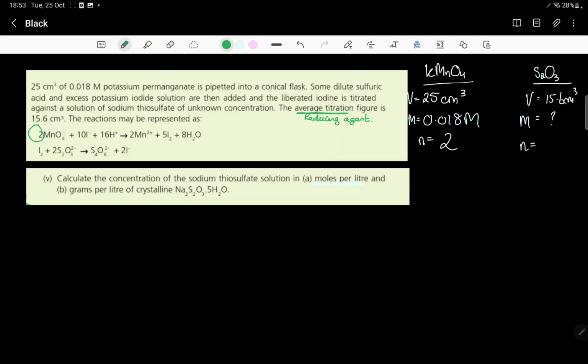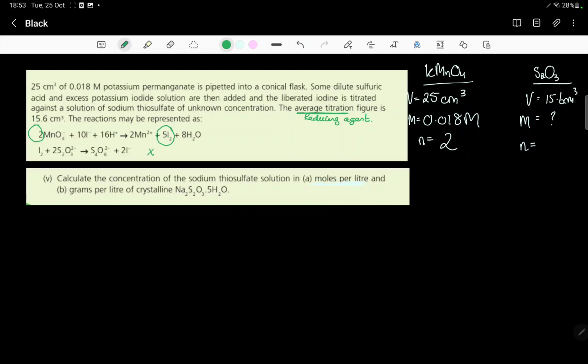So the 2 moles of potassium permanganate produced 5 moles of iodine. What I need to do is I have only got 1 mole of iodine here. So there's an imbalance between the two equations.